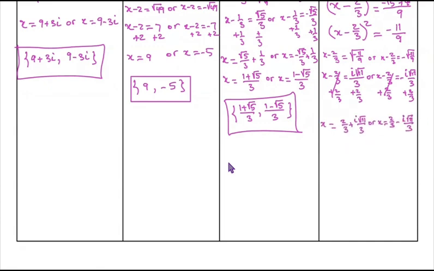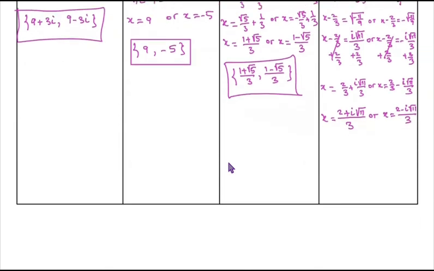So we have this, and then combining the fractions, since we have a common denominator, we get x equals 2 plus i square root of 11 over 3, or x equals 2 minus i square root of 11 over 3.